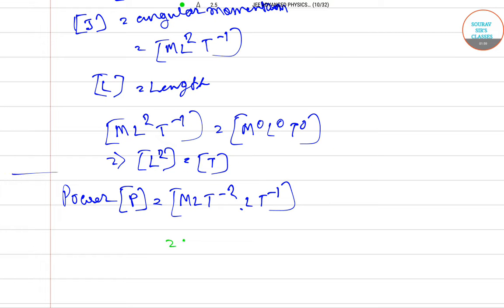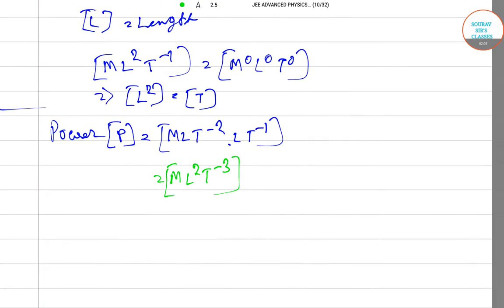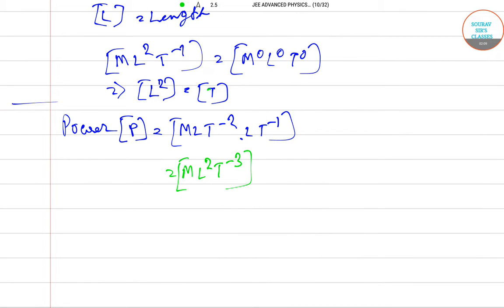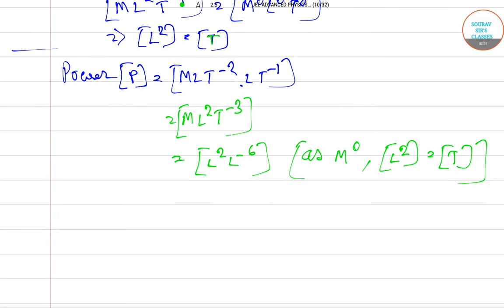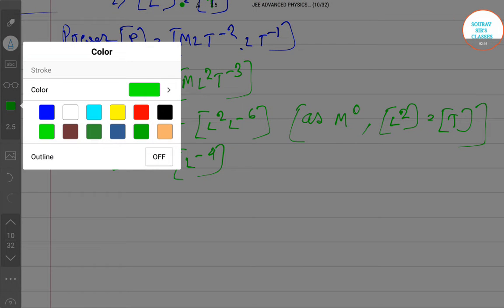So M L square T to the power minus 3, as L square is equal to T, so we can write L square into L to the power minus 6, as M is zero dimension and L square is equal to T. So the dimension of power is equal to L to the power minus 4.